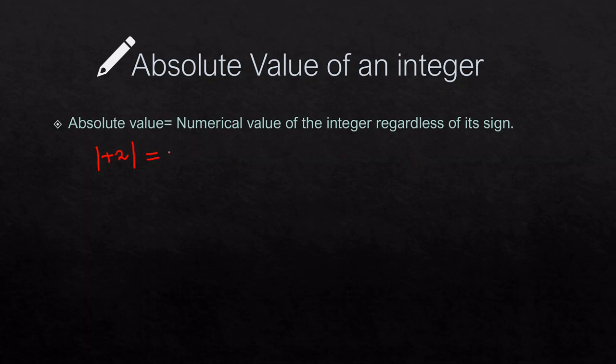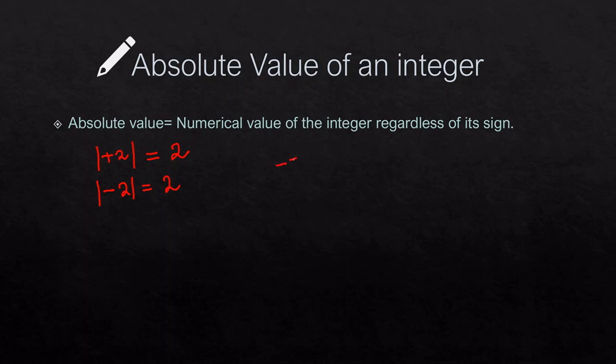So the absolute value would be 2 without any sign. For minus 2, the absolute value would also be 2. You should not put any plus or minus sign. So the absolute value of plus 2 is 2 and the absolute value of minus 2 is also 2.